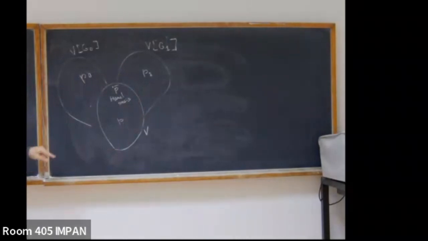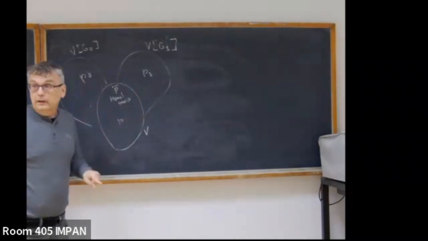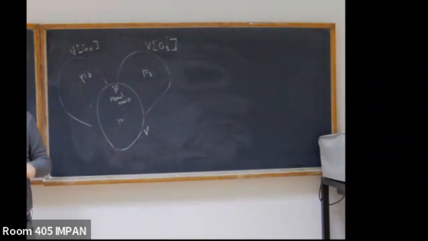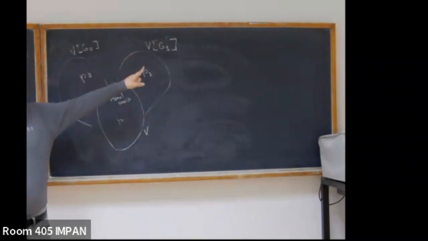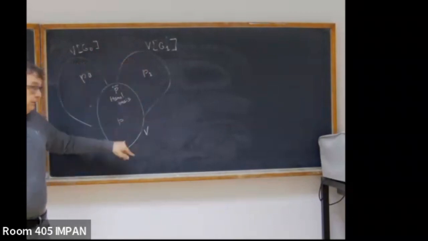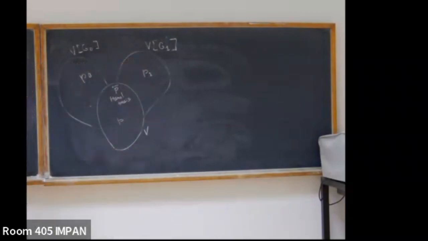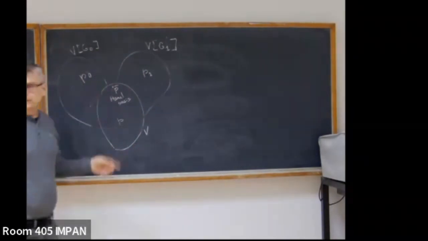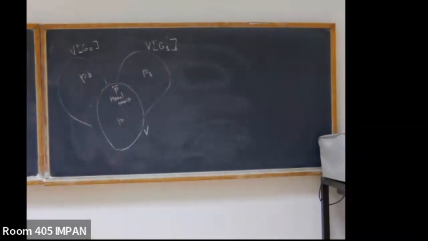So that would mean that the result of the equation is in VP0 intersection VP1. But if VP0 intersection VP1 is equal to V, then the result is in V, and that would contradict the fact that you started from this. There's a little bit that has to be added to it, but okay.